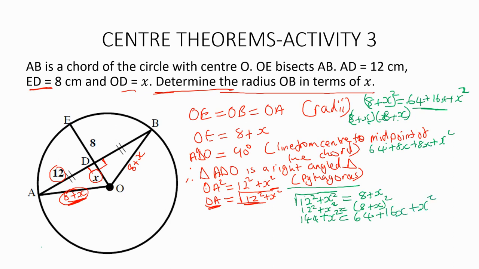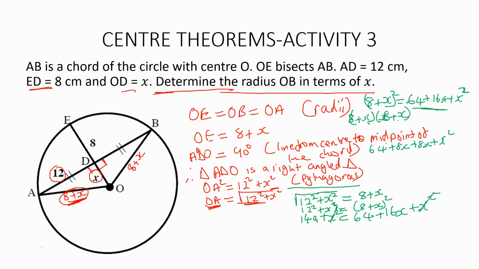When you're solving equations, remember that if you have two terms that are the same, opposite the equal sign, you can just cancel them. Because if I transpose x squared to this side, it's going to be negative x squared, and x squared minus x squared is 0.